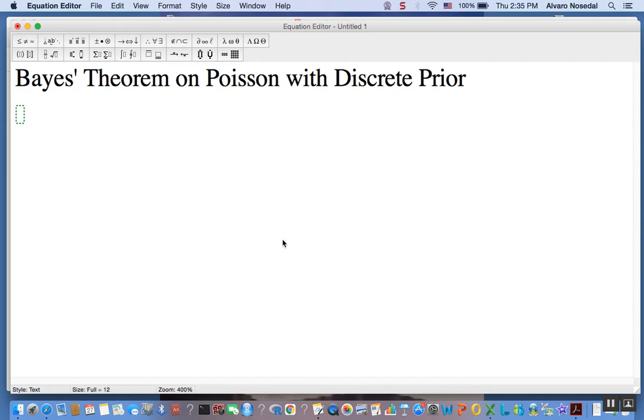So let's recall what the PMF, the probability mass function for a Poisson random variable, looks like.